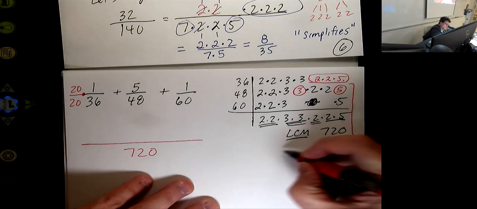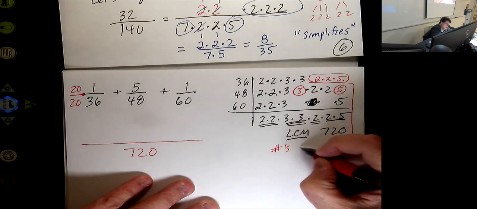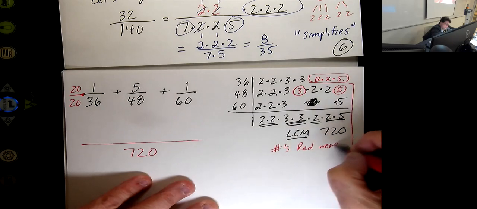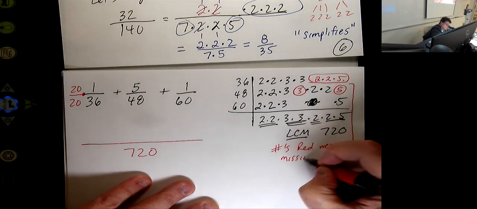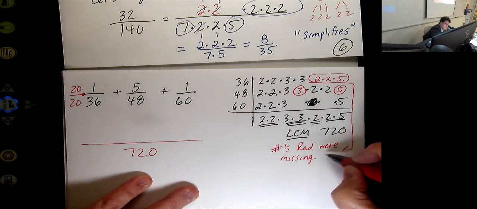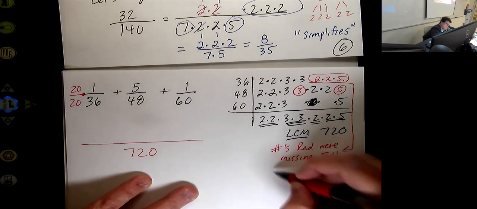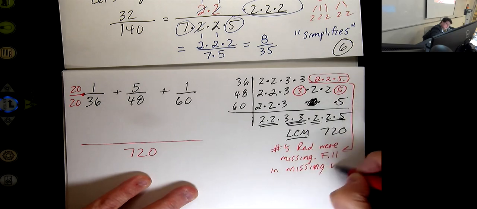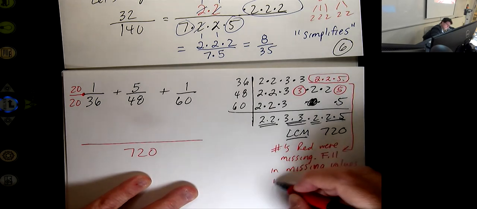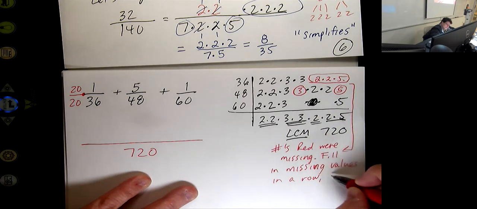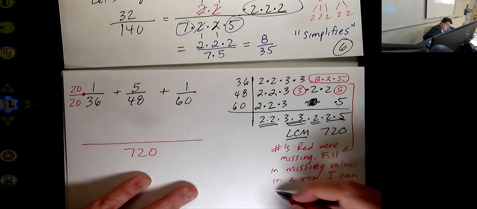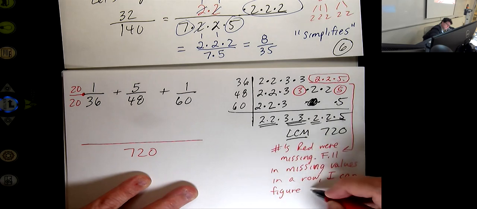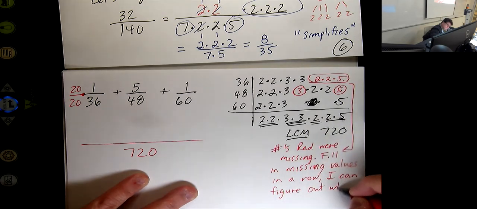Yes, numbers in red were missing. If I fill in the missing values in a row, I can figure out what to multiply the top and bottom by.